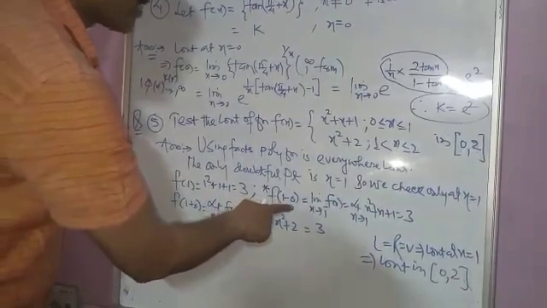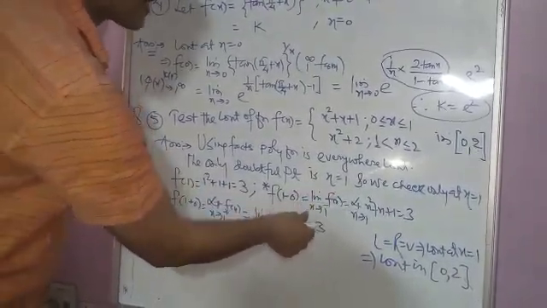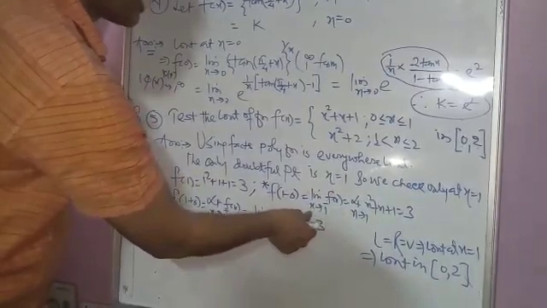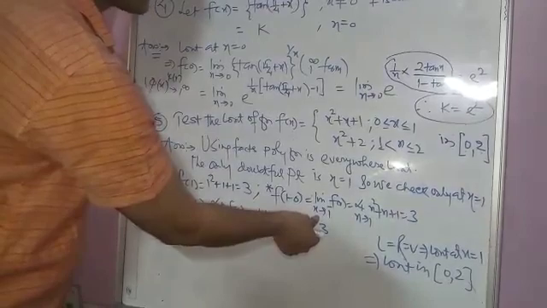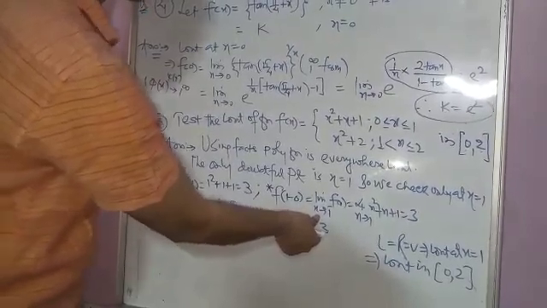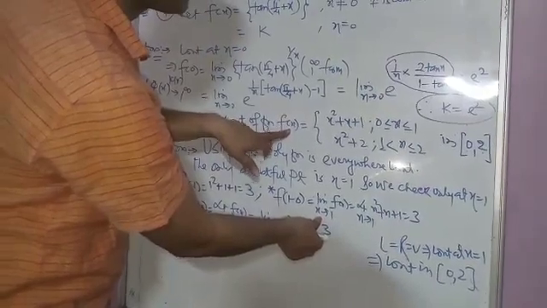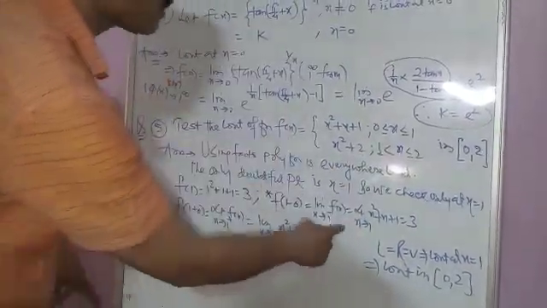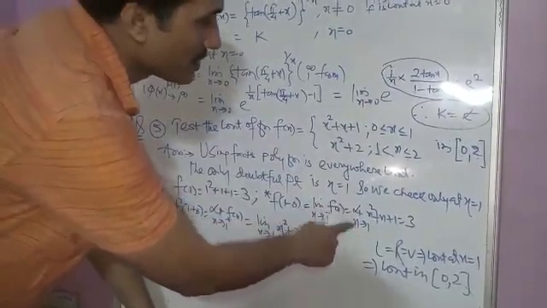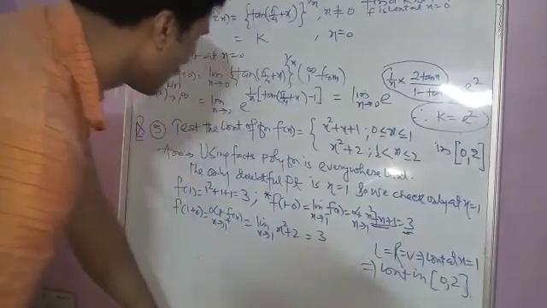Left hand limit at 1, limit of f(x) as x tends to 1 minus, means x less than 1. So we write the expression of f(x) for x less than 1 directly, without introducing h. So limit x tends to 1 of x square plus x plus 1 gives 3.